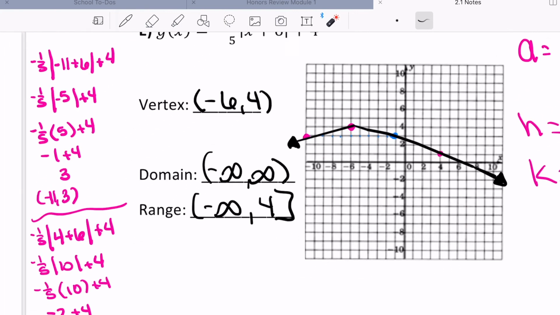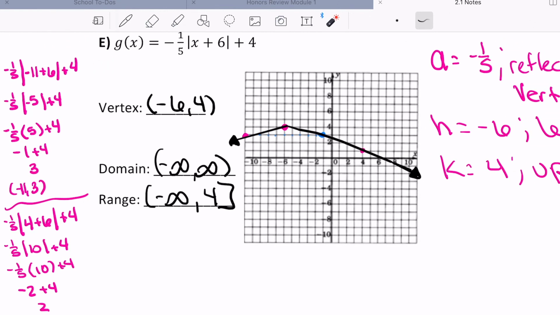Now, for my points, because I did have a fractional A value, I found values that would give me whole numbers. If your values gave you decimal numbers, that is completely okay, right? Just make sure that you are graphing them as accurately or using as much precision as you can according to your decimal values. I used -11 and got 3, and then I used 4 and got 2, okay?